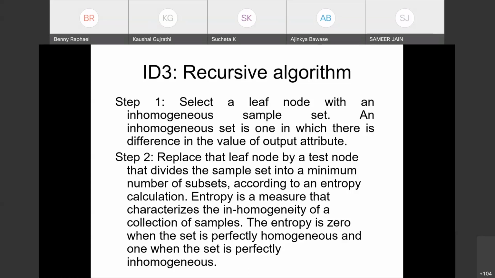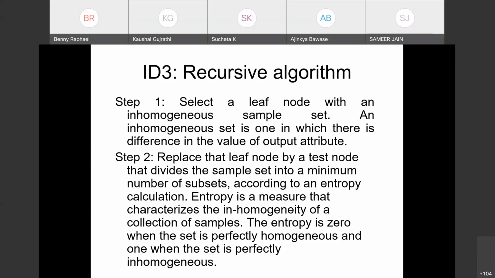The entropy is zero when the data is perfectly homogeneous, like zero temperature, when everything comes to a standstill. And as you increase the temperature, entropy increases. So where there is more disorder, you have a high value for the entropy. So we use entropy to find the disorder in the data set.